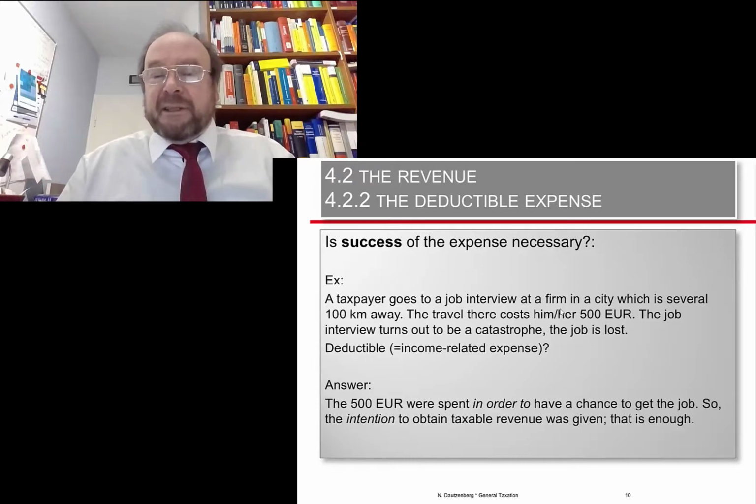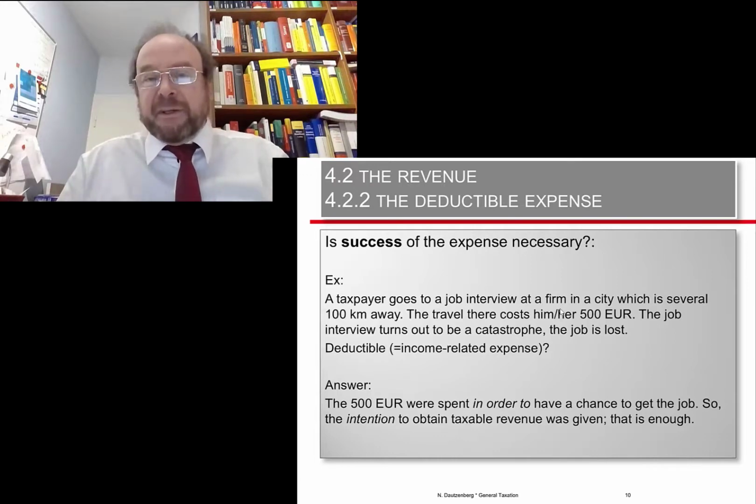So naturally, first step, is there an income-related motive? A clear yes, even in such strange situations. And the counter test: is there a private consumer motive involved? The counter test here clearly leads to a no. Nobody can imagine that job interviews are a kind of private leisure time occupation.